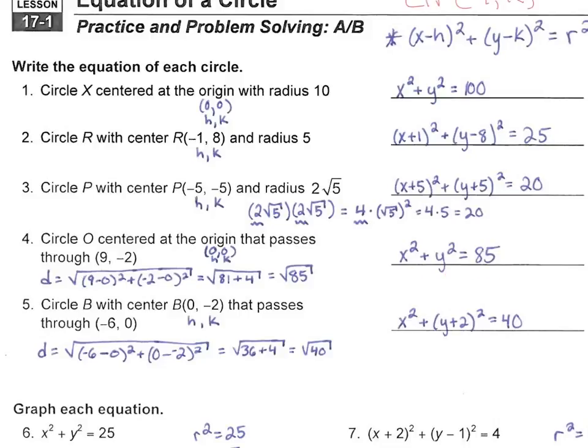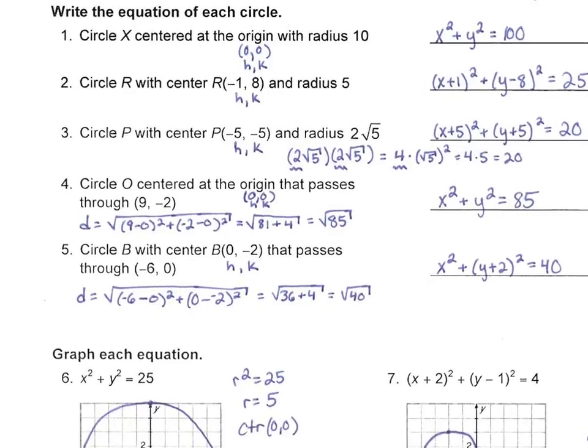For number 5, we're looking for the center at 0, -2 that passes through the point -6, 0. Again, we want to figure out what is the radius by doing the distance formula between those 2 points. So the difference of the x's squared plus the difference of the y's squared, and that's going to give us the square root of 40.